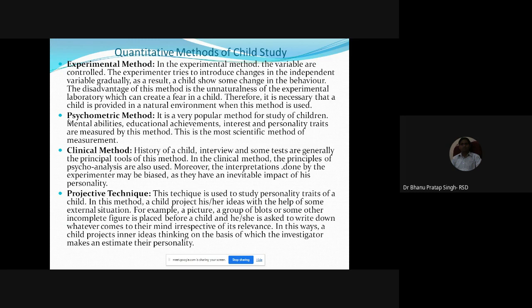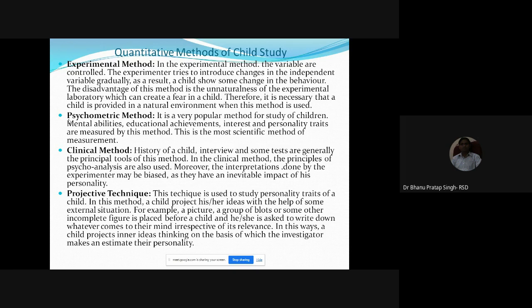Many of you may be aware of what a variable is, the kinds of variables: dependent variable, independent variable, intervening variable.